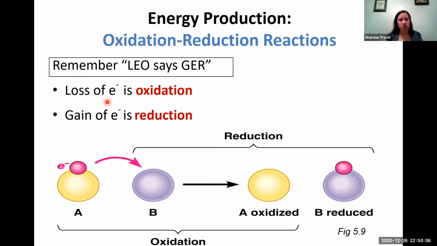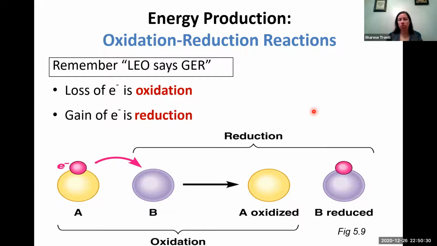LEO: loss of electrons is oxidation. And then gain of electrons is reduction. GER.